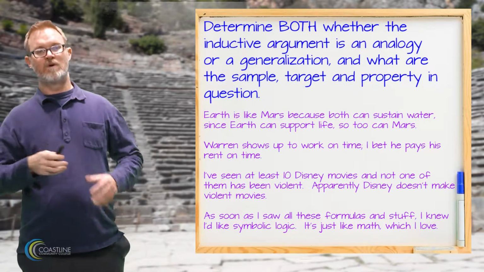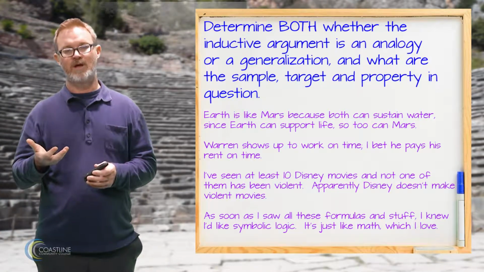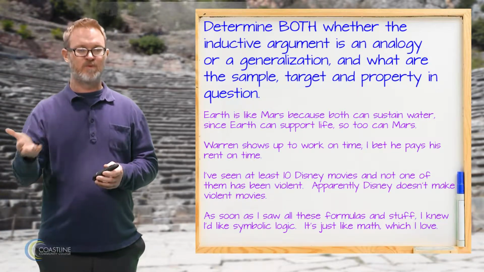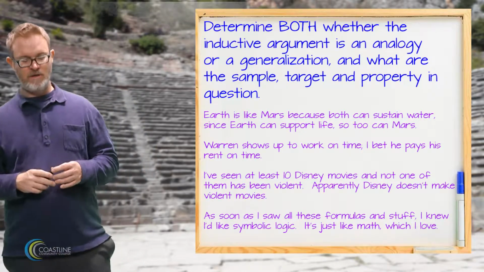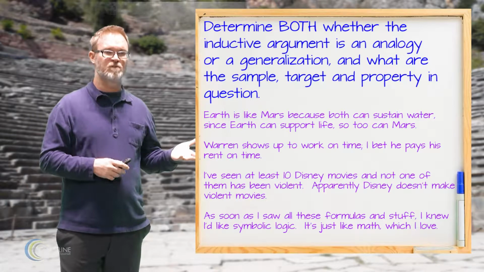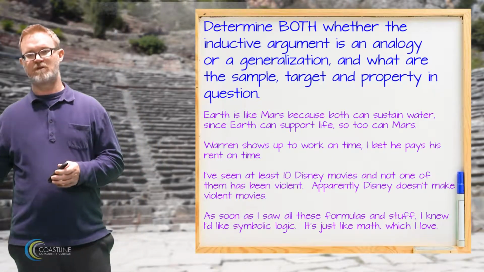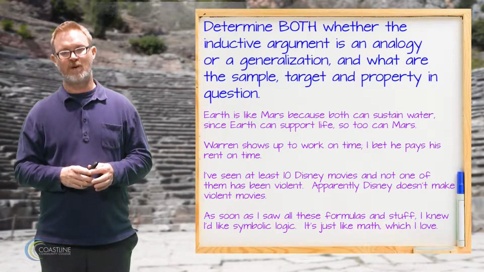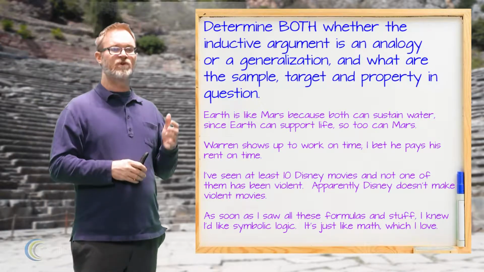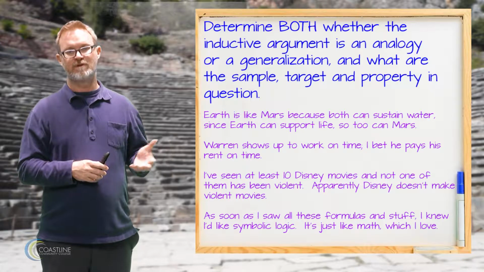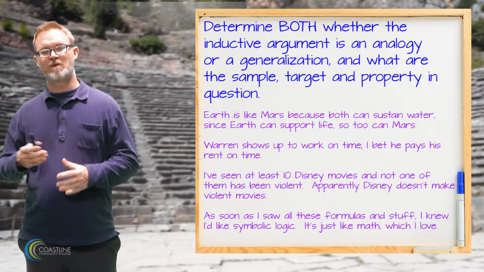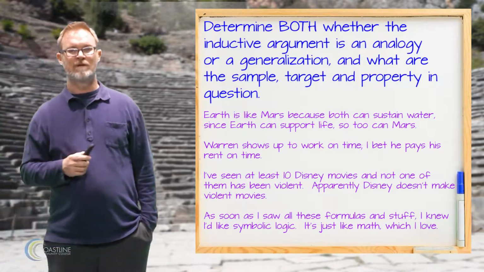So whether it can support life would be the property in question. So with that first example we have an analogy that has as the sample Earth, the target Mars, and the property in question supporting life.